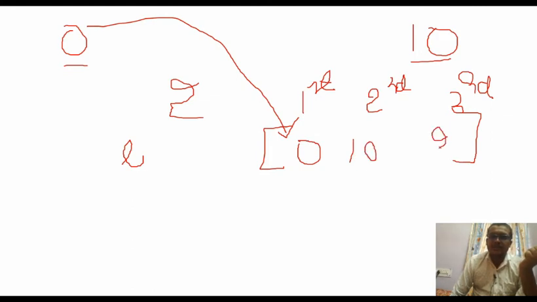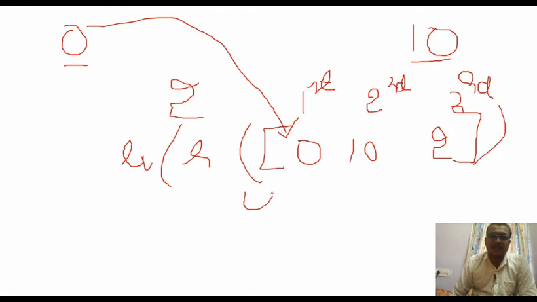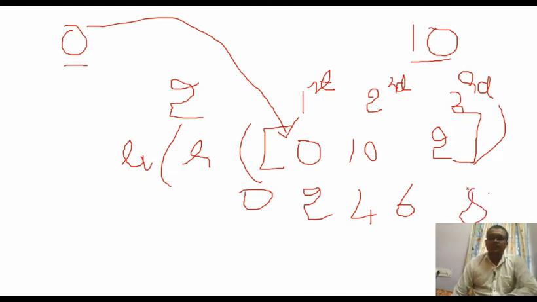So here comes the incremental value. So whenever you pass it through a list and a range, it will generate numbers starting from 0 to 10 with an increment of 2, 4, 6, 8, like this.